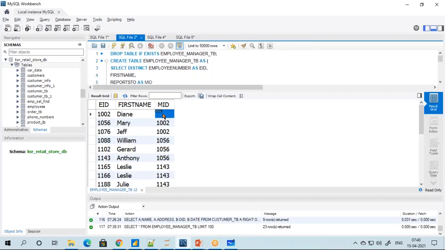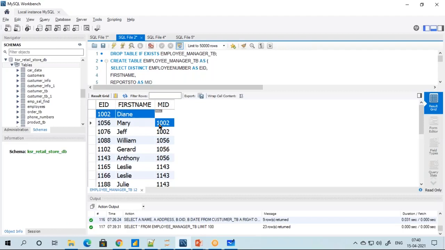MID stands for manager. Okay, now Mary is an employee. Her ID is 1056, but her manager is 1002. Who is this 1002? This 1002 is nothing but Dini.